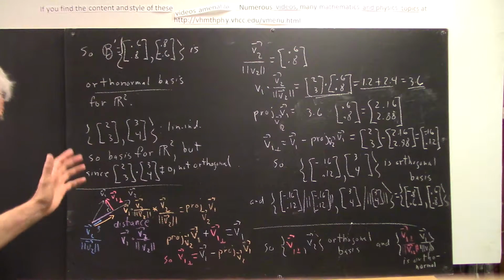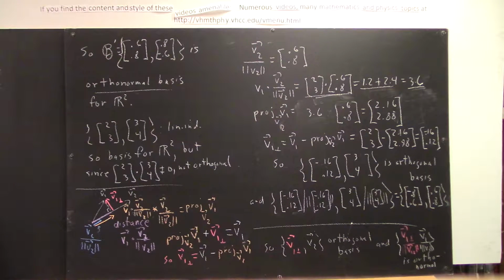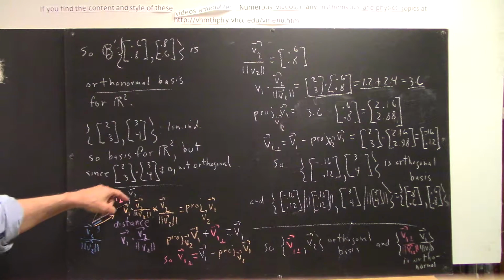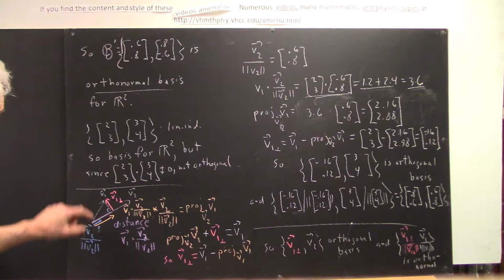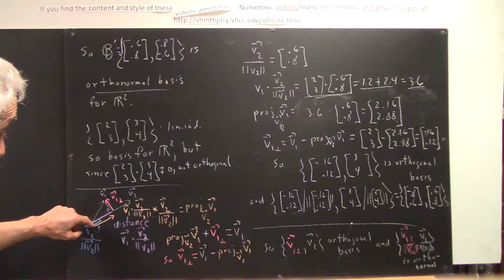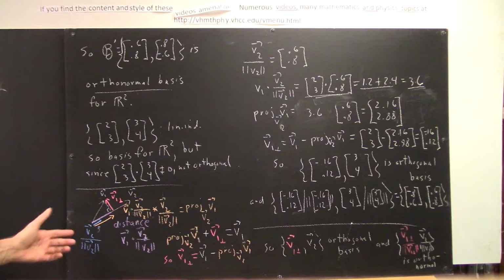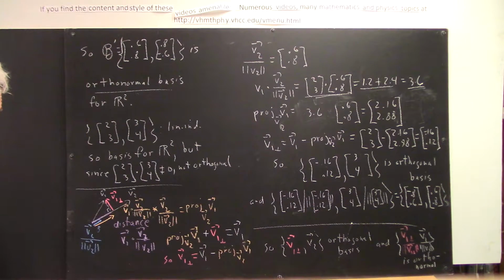Now, we've seen this before, so in a subsequent video I think I will actually go into a little more detail on this. Now, here we have the v2 vector. The v2 vector divided by its magnitude is a unit vector, so this little blue arrow represents a unit vector in the direction of v2.